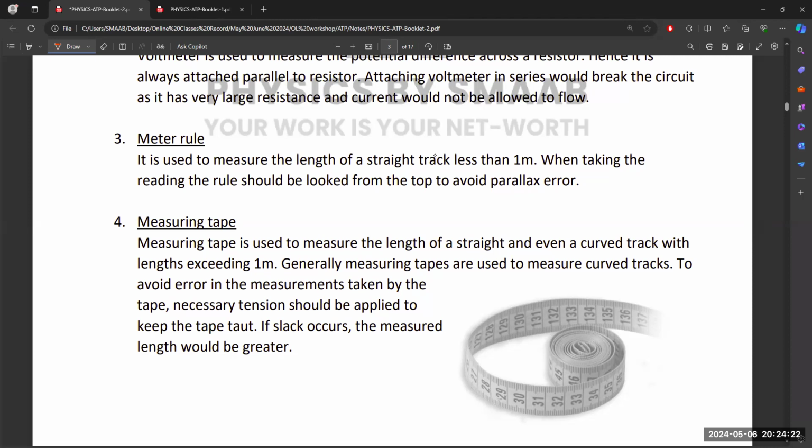But let's suppose you want to record the length of a wheel, like the circumference of a wheel. So when we have to record the circumference of the wheel, definitely we require a measuring tape, right? It cannot be possible with the meter rule, because meter rule is rigid and we are not able to rotate it around the wheel or any spherical object. So for spherical objects, we require a measuring tape, right?